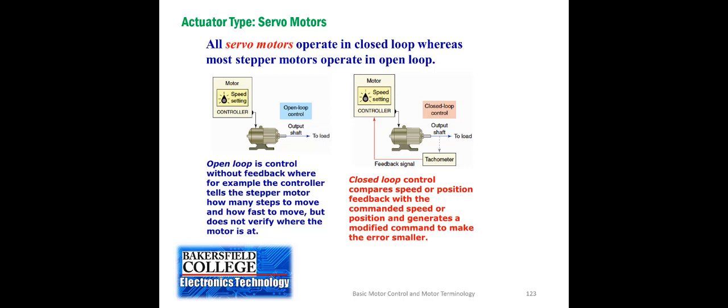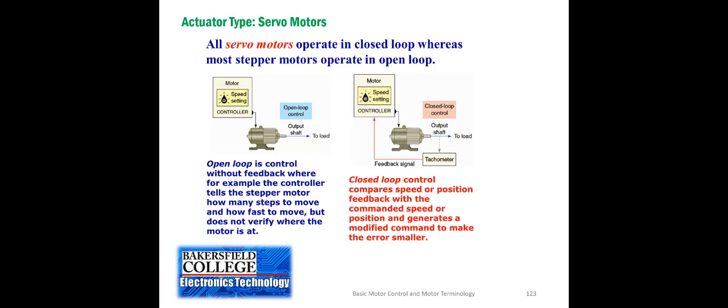For example, when you move the ship's wheel, the steering wheel of a very large ship, you're not moving the actual rudder of the ship. What you're doing is creating an electrical signal from one motor, which is like a generator.